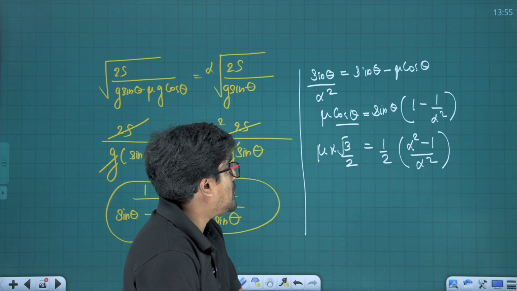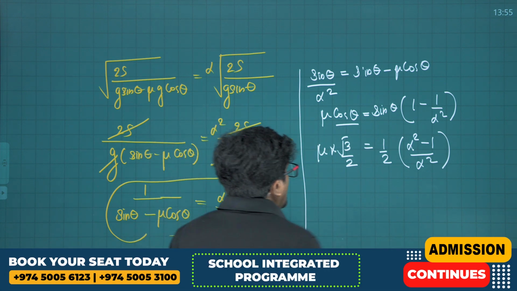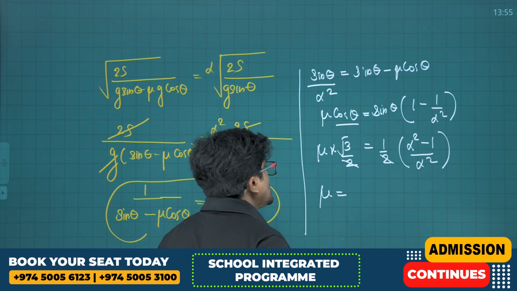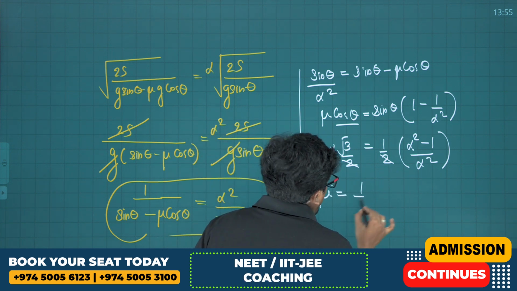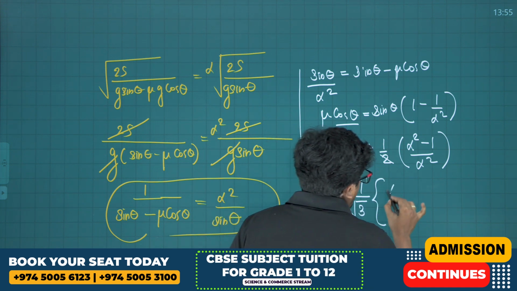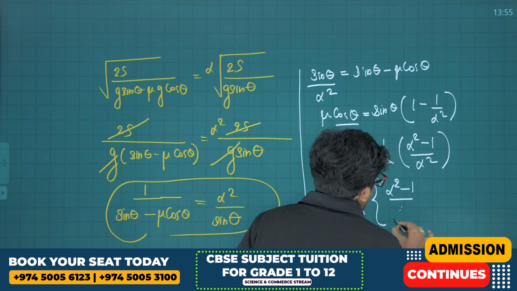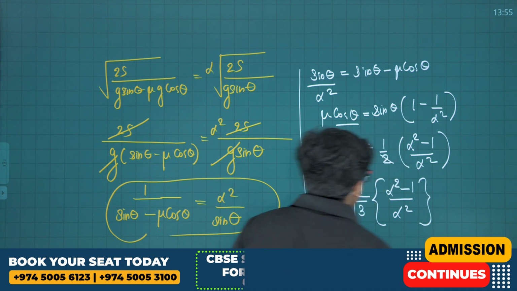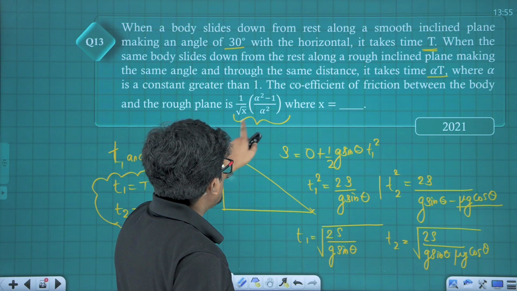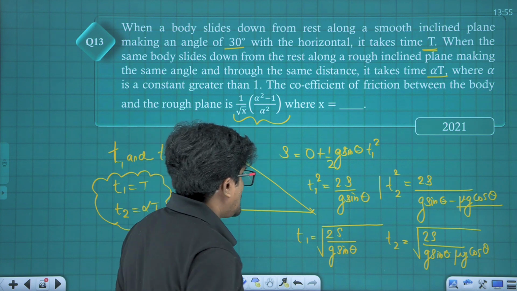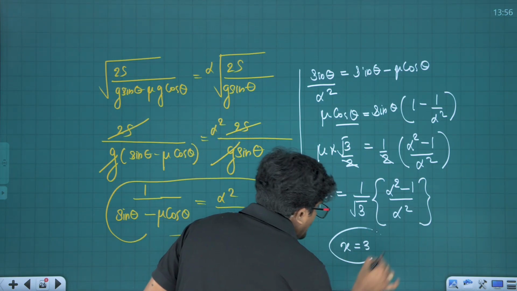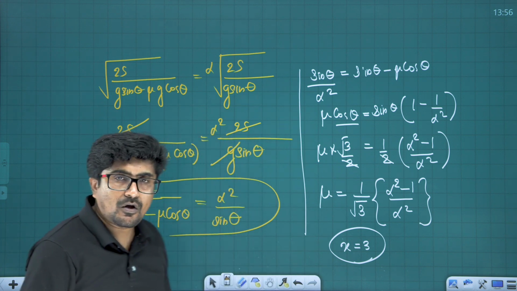So this one and this one will cancel each other. So what is mu now? Mu is equal to 1 upon root of 3 into alpha square minus 1 upon alpha square. And here it is 1 upon root of x into alpha square minus 1 upon alpha square. So it is evident that x equals 3 from this relation. Alright.